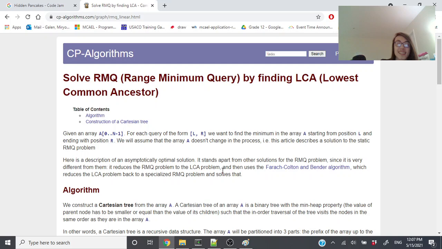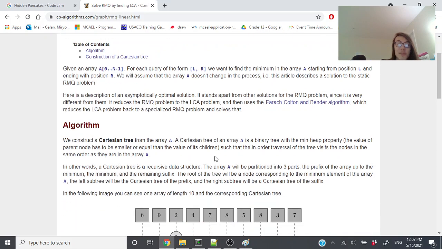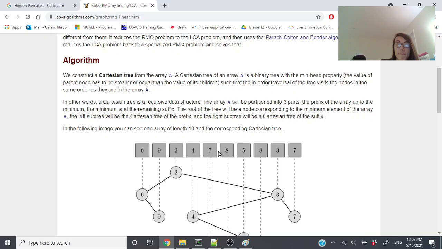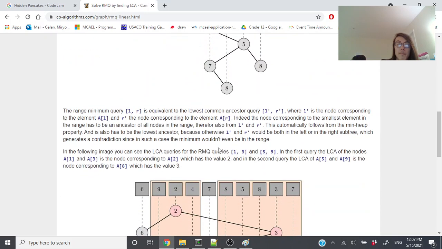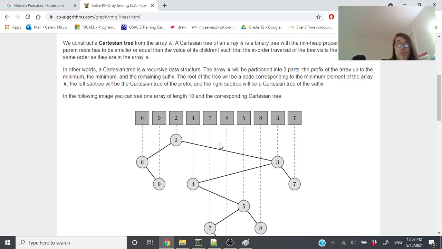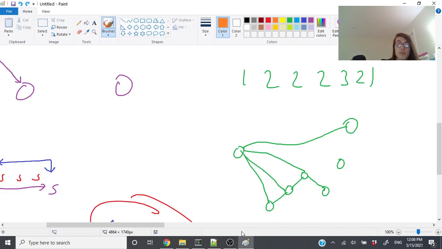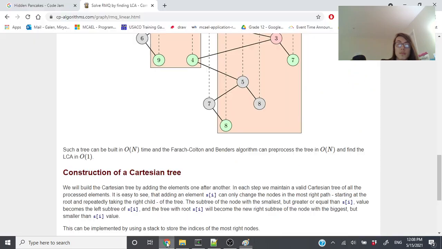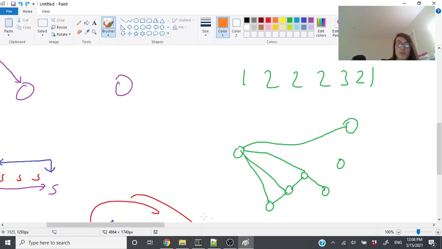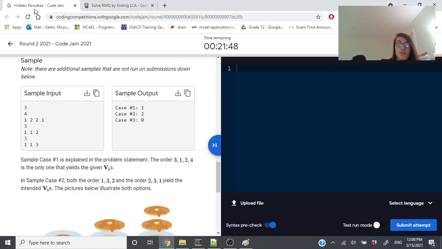Also, this whole article is like, the point is to do RMQ in O of N. Is it?